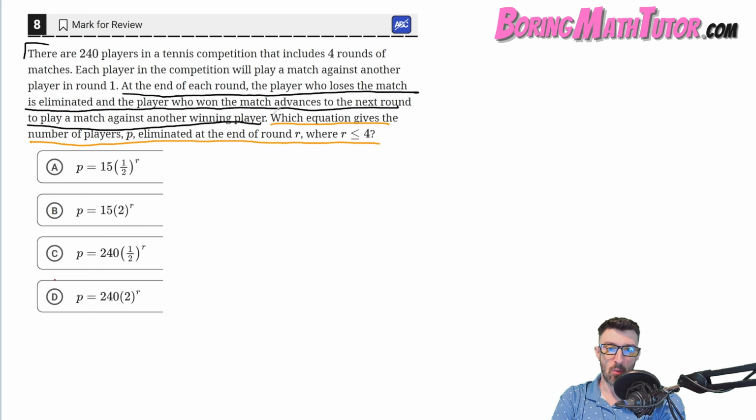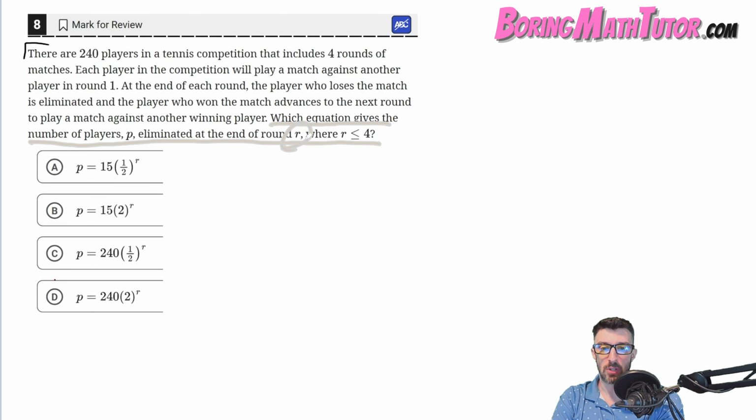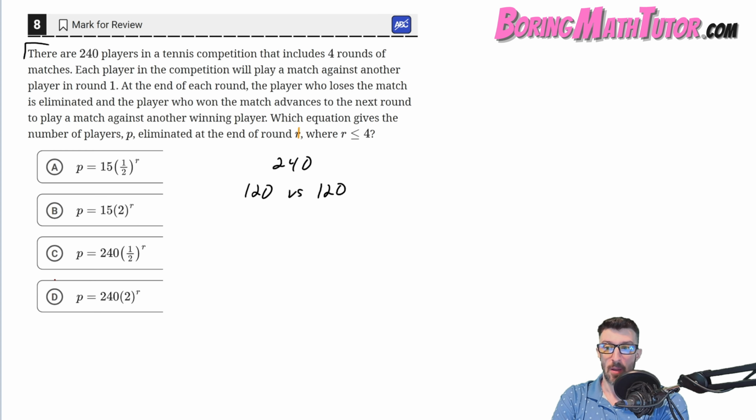Okay, so they want to know how many players are going to be eliminated at the end of round R. But let's get started with just pretending that R is 1. So we're at the end of round 1. But if we start with 240 players, then we're going to have 120 players versus 120 players.